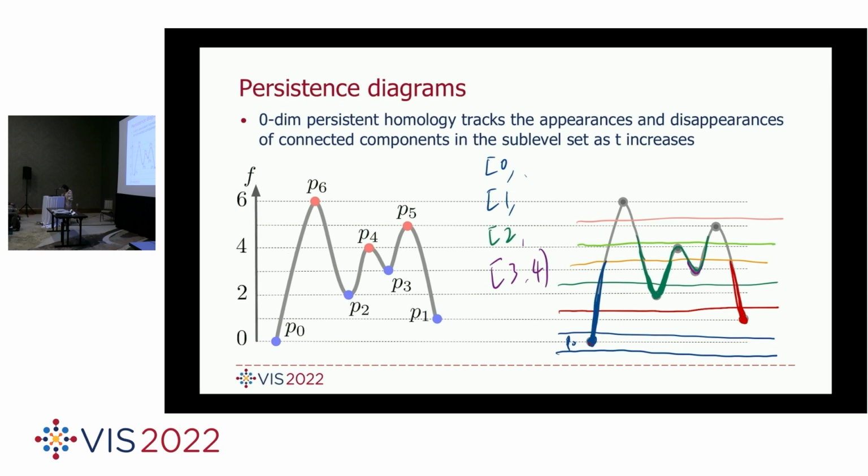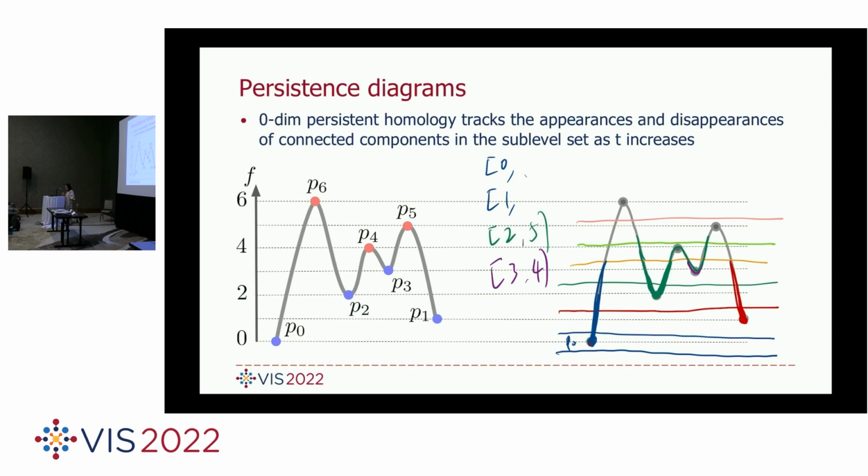And in this particular case, now the green component is going to merge with the red component. But because the green component is born later, the green component actually disappears. So it was born at time 2 and disappears at time 5. Okay, so that corresponds to a second point in my persistent diagram. And so on and so forth.